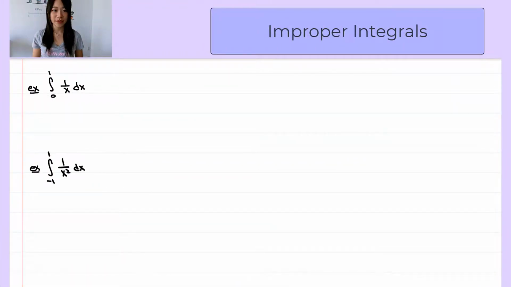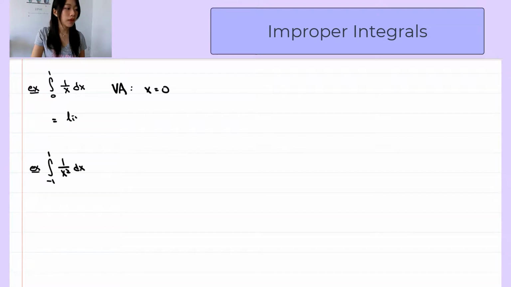Now let's look at some examples. The first one, we have the integral of 1 over x evaluated from 0 to 1. This function has a vertical asymptote at x equals 0, so this integral has a discontinuity at the left bound. And using the approach, we are going to replace the left bound by some other value.